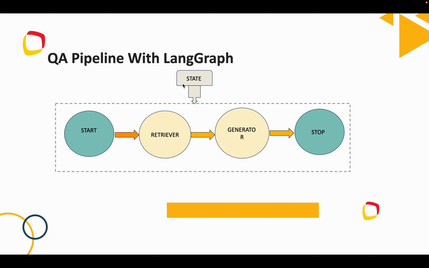So once it retrieves the documents, it will update the state, and that will be shared with the generator, and the generator will pass that to the LLM model, and the LLM model will create the final result. Okay, so we'll be starting with the QA pipeline.